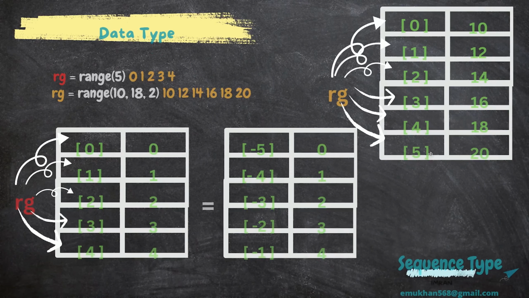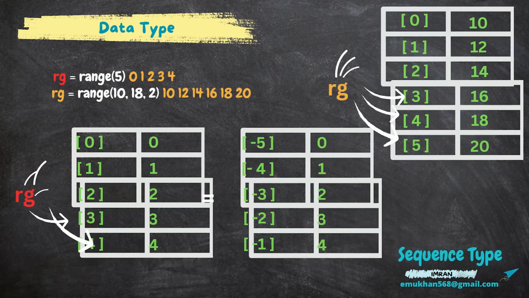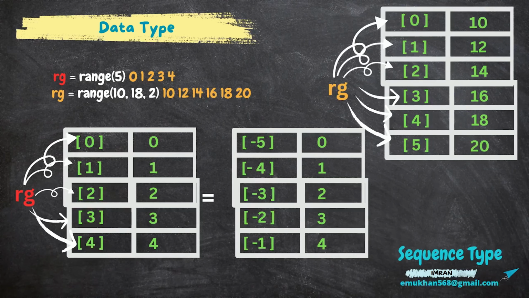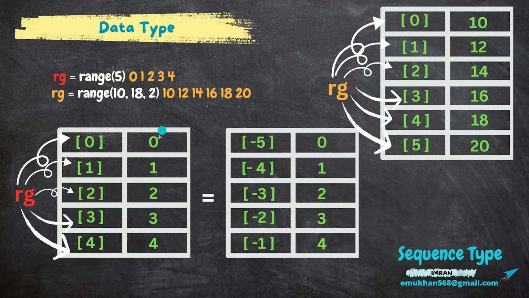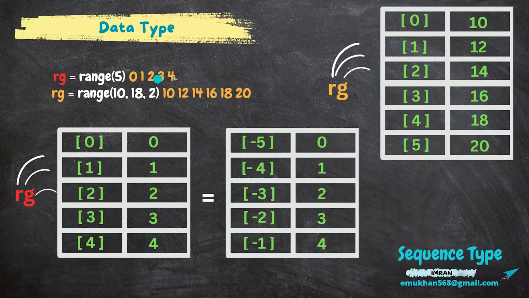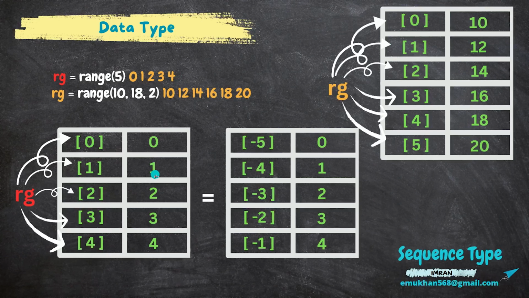Now I have given some examples using index. This is similar to list and tuple; you can have their position. I have written the sequence 0 1 2 3 4, and the first position will be 0.